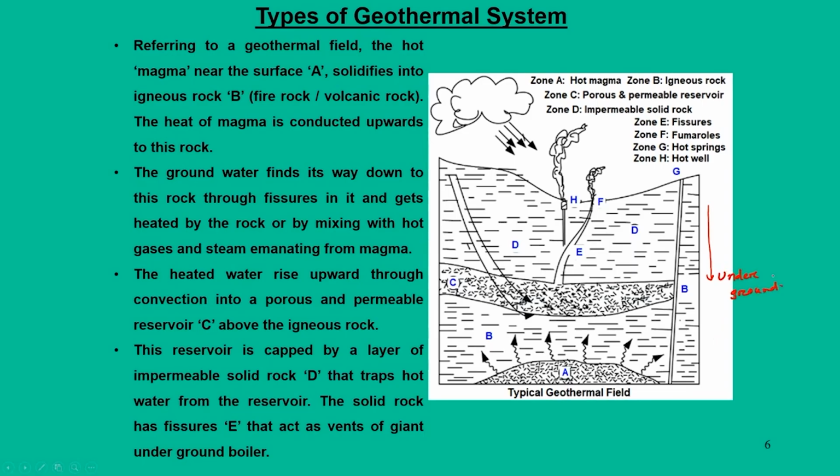Now, if you go much deeper, we will find the region of zone A. Zone A is known as the hot magma zone. This hot magma zone is the main resource, where materials are available as molten material. They are like boiling materials inside the crust, which try to come out but are unable to, because there are so many different layers through which they try to come.